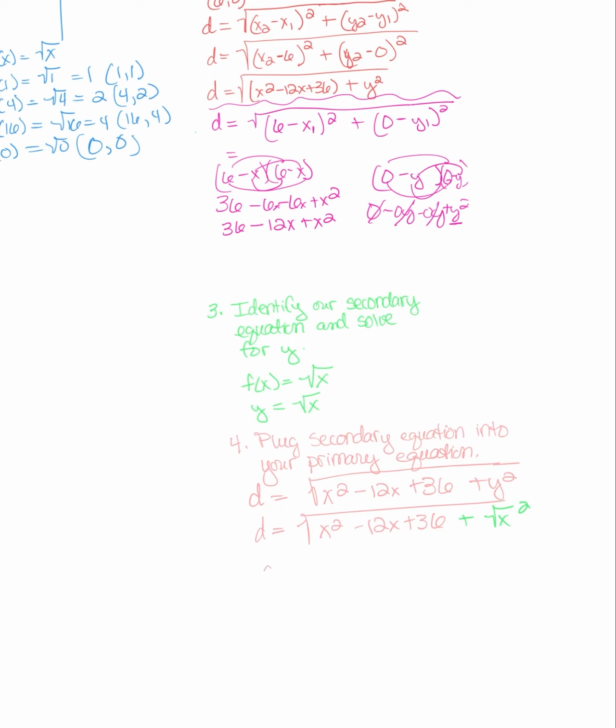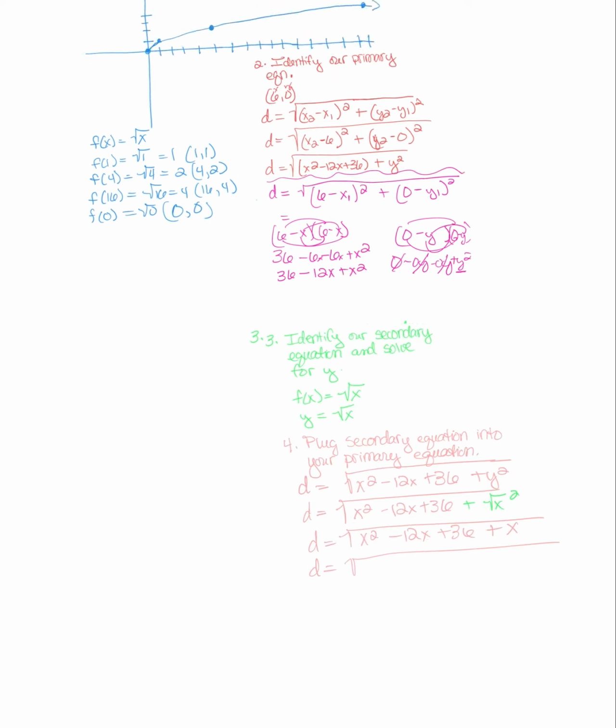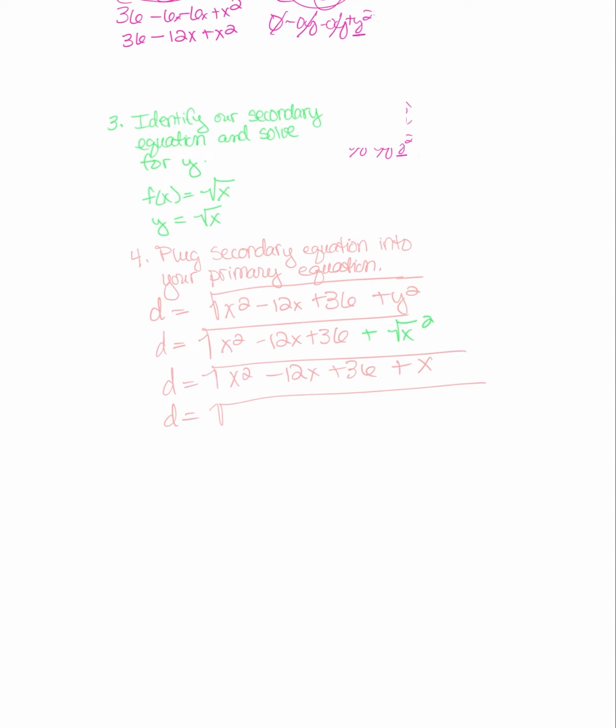So let's go ahead. Now we have d equals x squared minus 12x plus 36 plus x. And let's simplify. And so we're going to have x squared minus, when you have a minus 12x plus an x, you're going to get minus 11x plus 36.